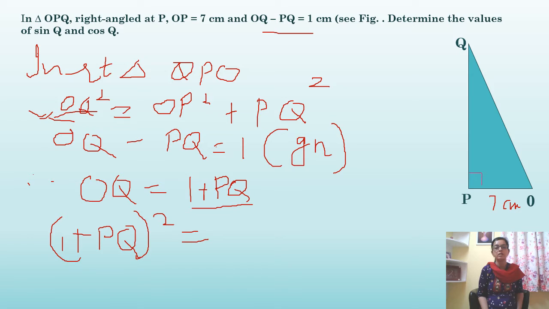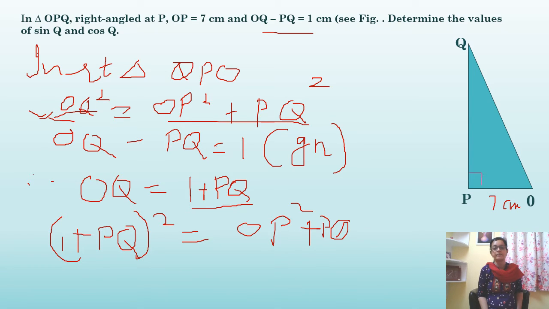See over here, OP squared plus PQ squared. So write it down in the RHS as it is. We have just replaced the OQ squared in LHS. In the place of OQ squared, now we are having 1 plus PQ squared.